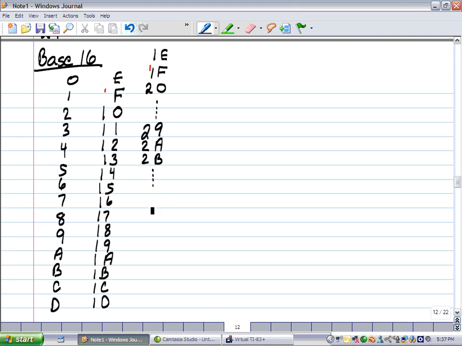Okay, let's say we keep going and we get to 3F. What comes after 3F? There isn't anything after F. That's the last symbol. So I have to go to 0, starting all over, and carry 1 to the next place value. So that gives me 40, then 41, and so on.